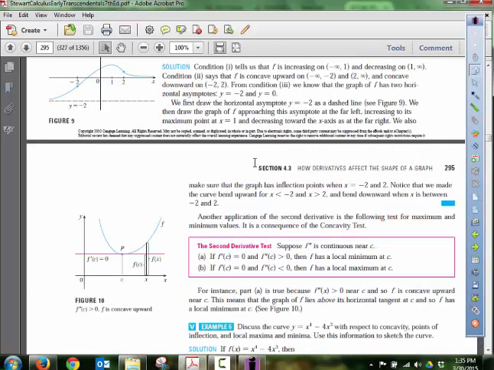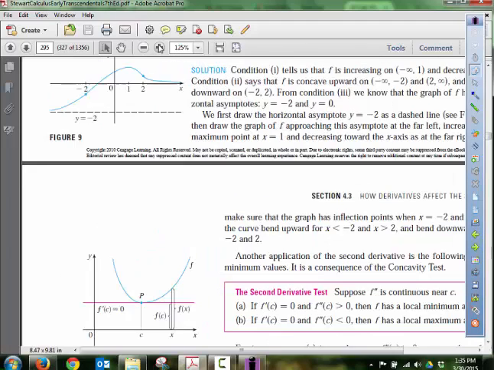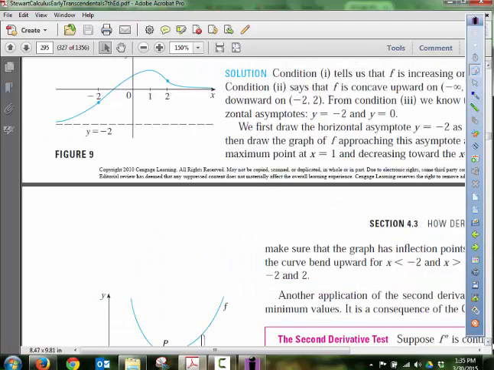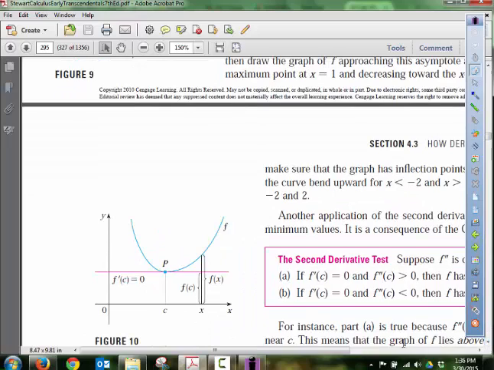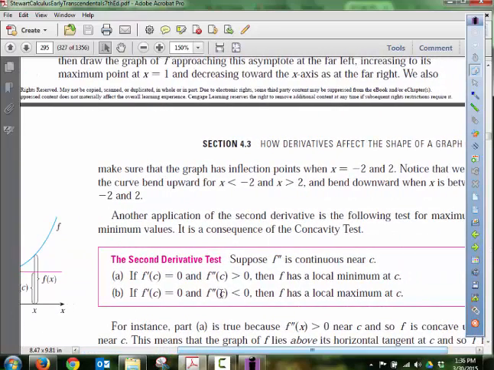So in Calc 1, the second derivative test looks like this. So f prime of c is equal to 0 says that it's a critical point. And then if the second derivative is bigger than 0, it's concave up, so it's a local min. If the second derivative is less than 0, it's concave down, so it's a local max.